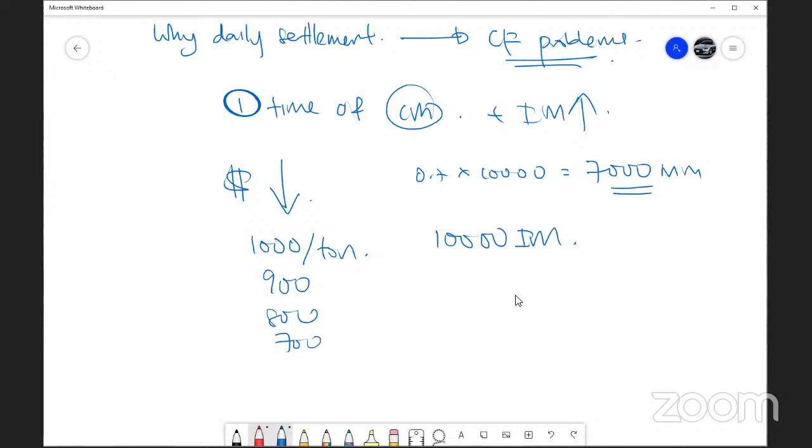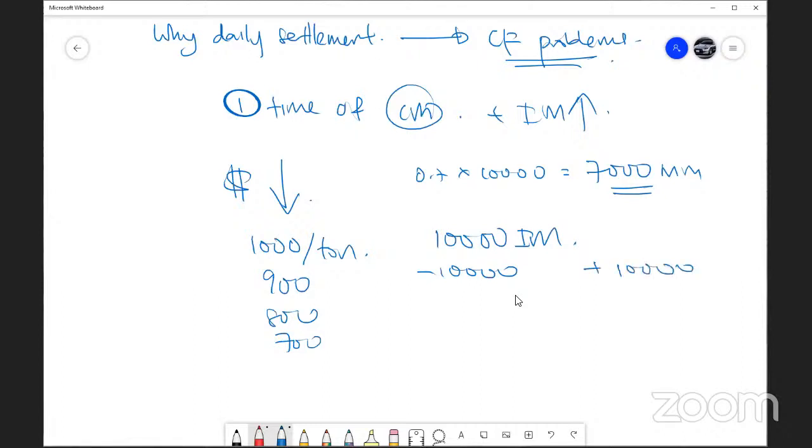So let's say the price drops from $1,000 per ton to $900. That means $100 change. Your total contract size is 100 tons. So 100 times 100, already 10,000 gone. Minus 10,000. So in that case, you need to top up 10,000.